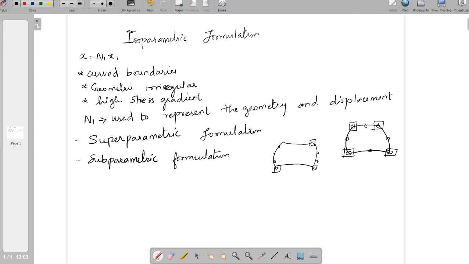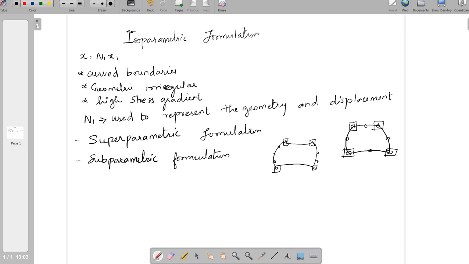These 4 nodes are enough for representing the geometric position. I am representing here a circle inside a square. The square is representing the geometric variation. At the same time, the curved boundaries having 6 nodes are representing the stress variation. So the subparametric formulation is the element in which more number of nodes are representing the stress gradient than the number of nodes describing the geometric variation.